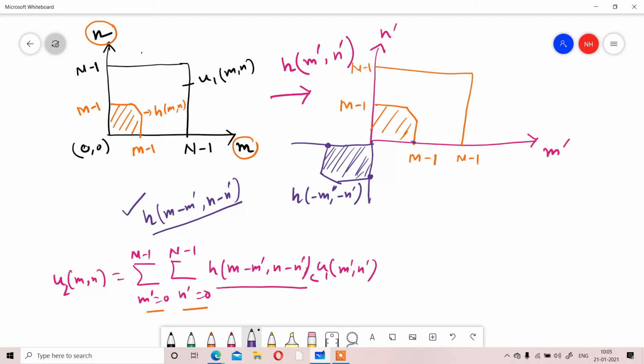So to calculate h(m', n'), you will get the structure like that. That is your m', that is your n'. So mapping will happen and you will get a structure something like that.